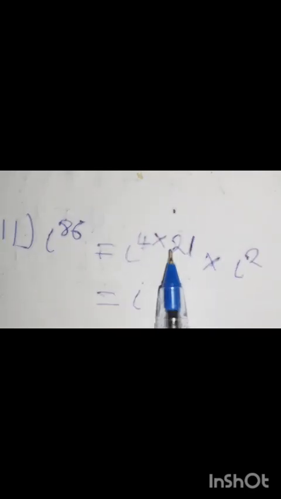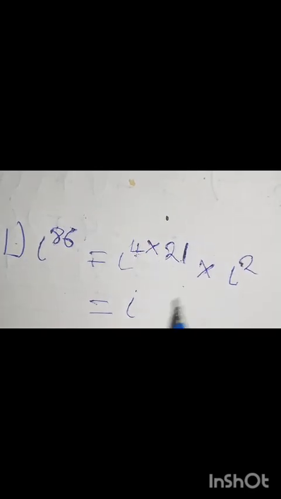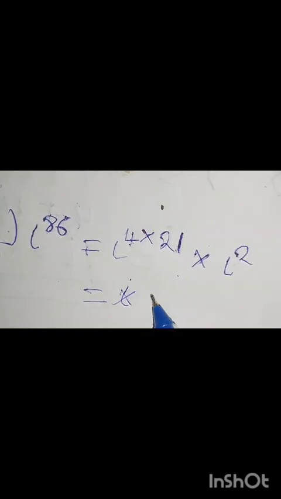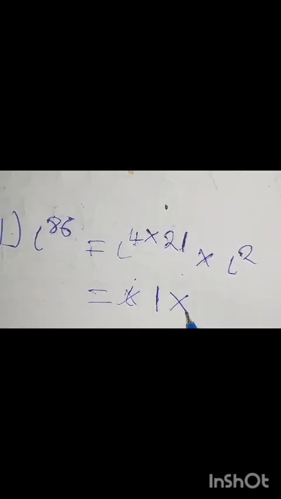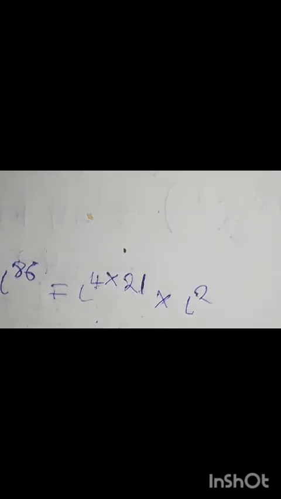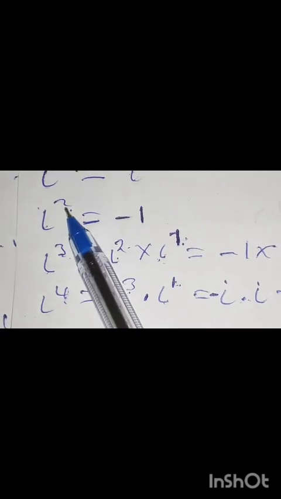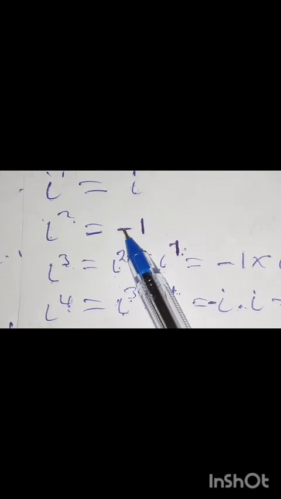So here we have said 4 can go into 84, since 4 times 21 is 84. So the answer will be a 1 multiplied by i squared. Then we said when you have i squared, the answer is -1.